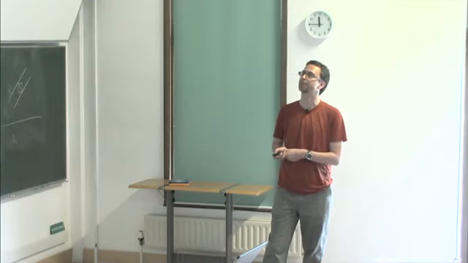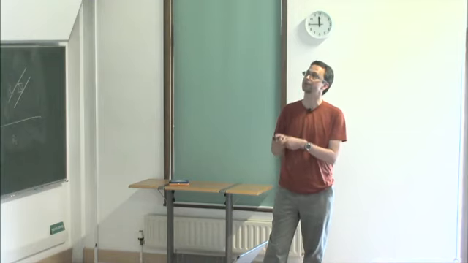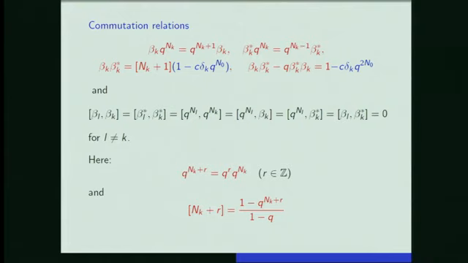Fine, so this is the definition. These things satisfy commutation relations. The important ones are above in red. The red ones are the commutation relations of the Q oscillator algebra, and the blue ones are a perturbation at the boundary. These are the commutation relations at the site k, and if you have operators from different sites, then they commute, so it's ultra-local.